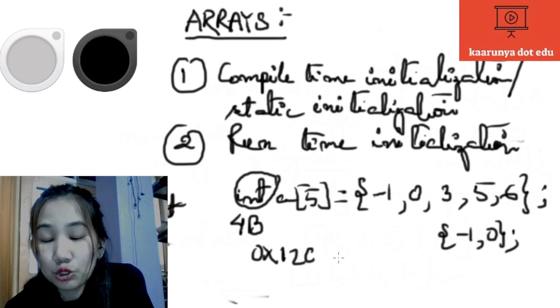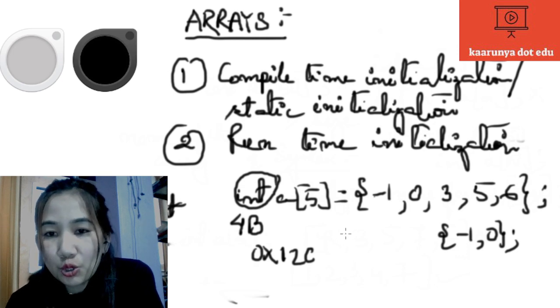But if we explain 0x1, 0x2 like that, it will become even more complex to understand. So to make it easier to understand, we took only the decimal format for simplicity.